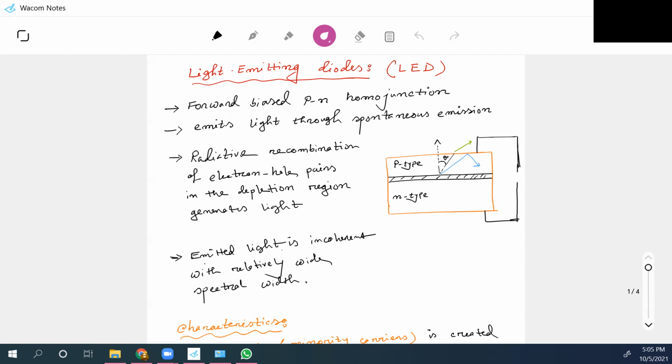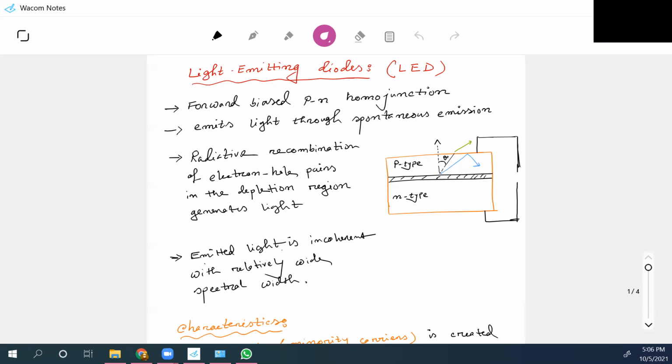There, we discussed various laser principles, the PN junction, homo junction and hetero junction, and choice of material for semiconductor devices. As a continuation, we will study LED, light emitting diode, and laser.